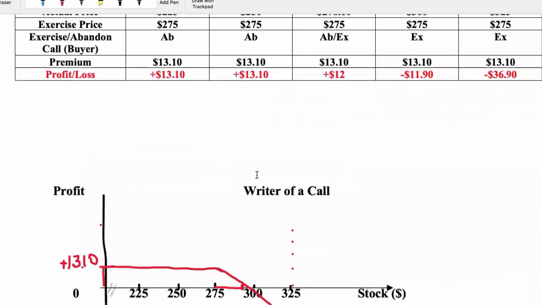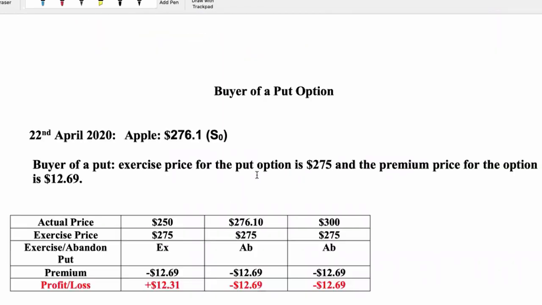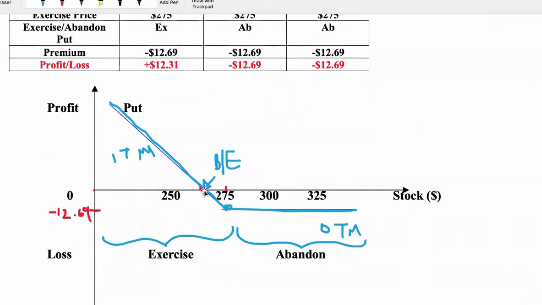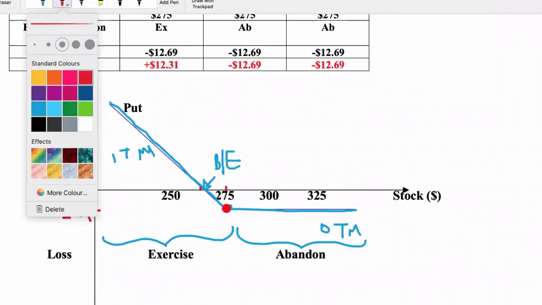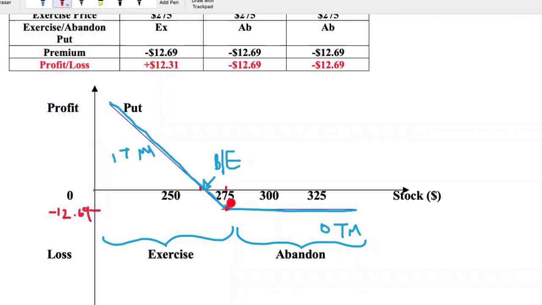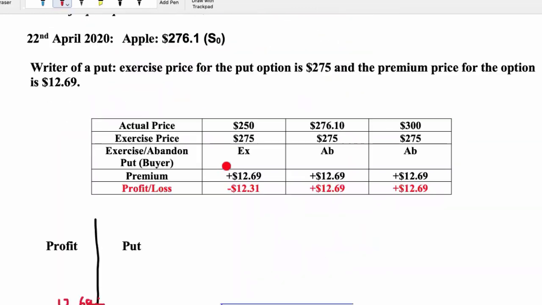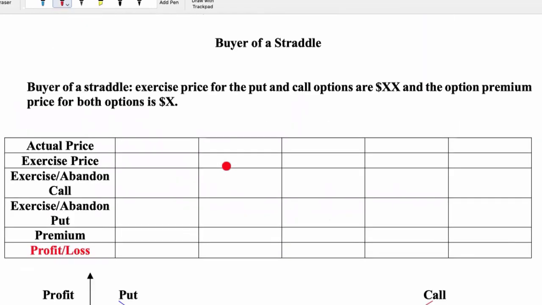If Apple did fall and you had bought a put option, you will end up with this blue line, also from 275. If you combine those two, I'm just going to put my call in here temporarily. Forget about the flat line. Look, you'll end up with your V shape.